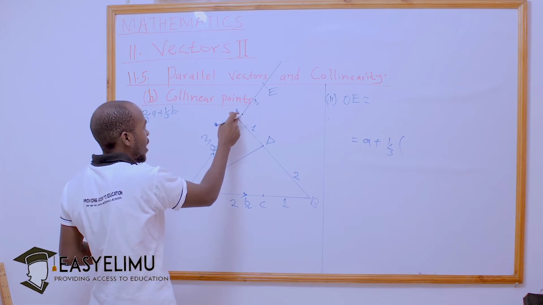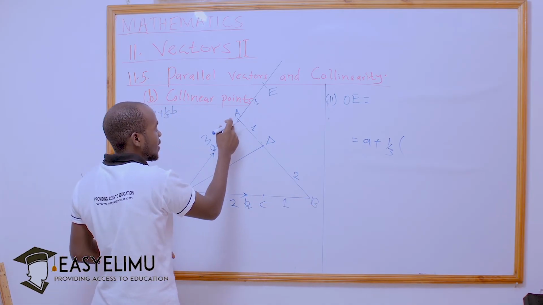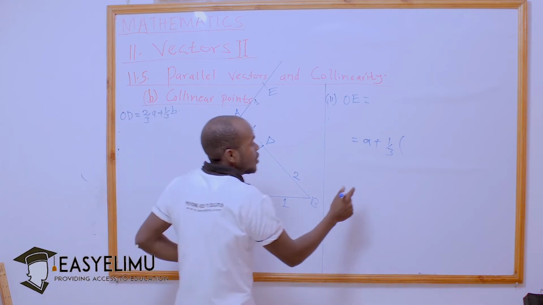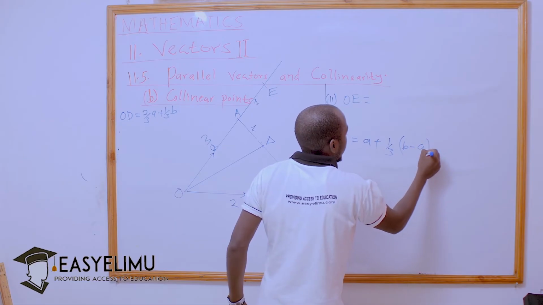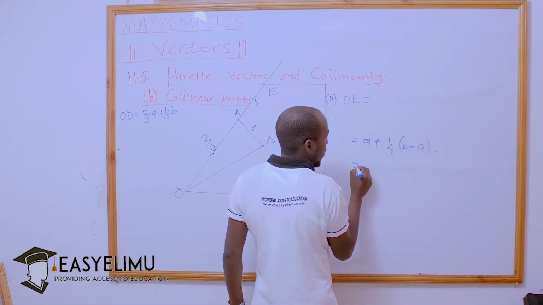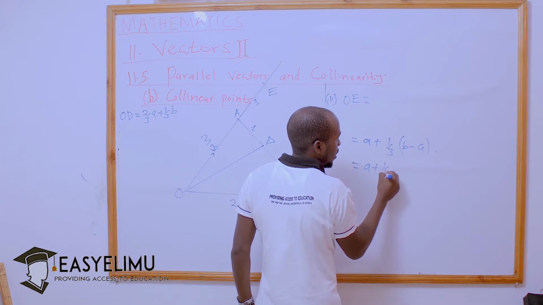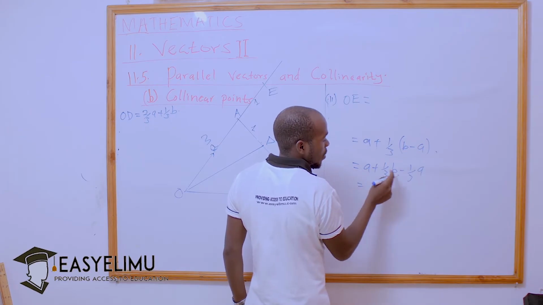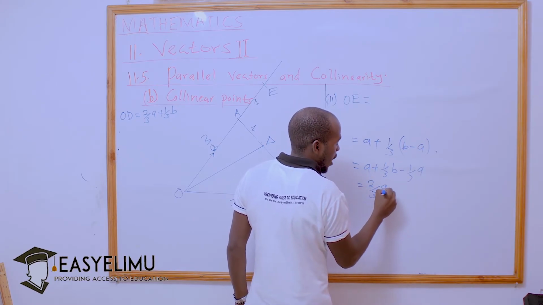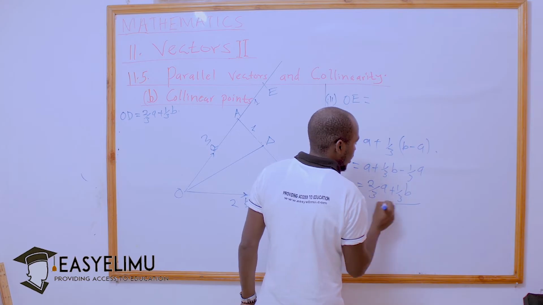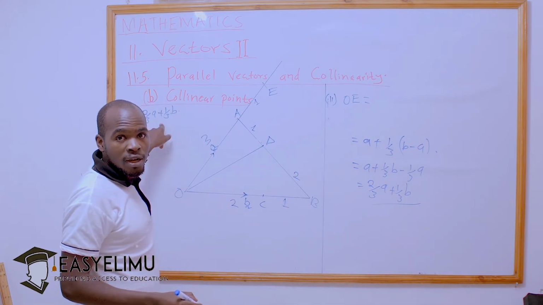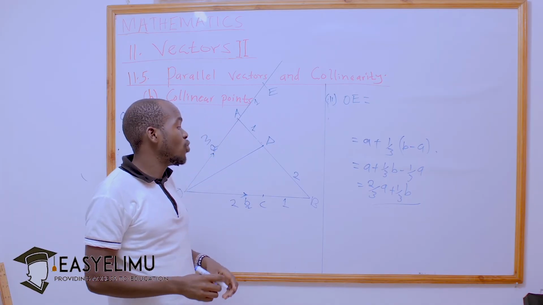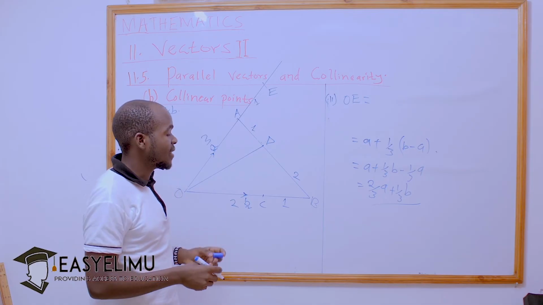Line AB is AO plus OB, that is negative A plus B. So that is B minus A. So you will have A plus a third B minus a third A. And if you work that out, A minus a third A, you'll get 2 over 3A plus a third B. Still getting the same value. No matter what route you take, you will always arrive at the same destination.